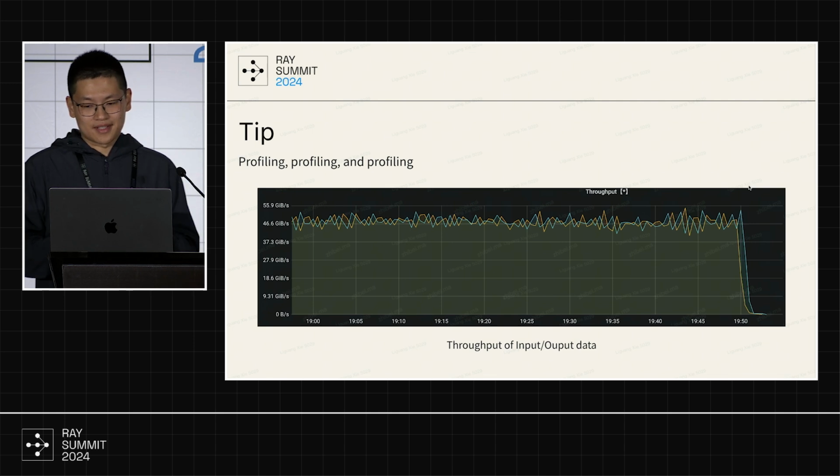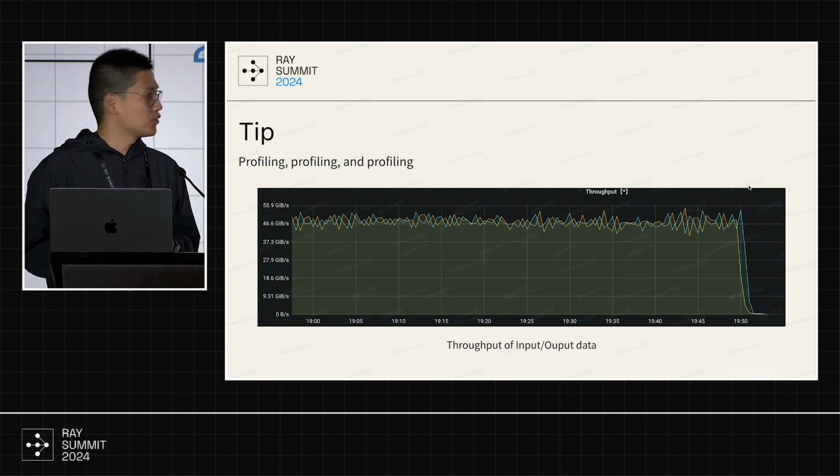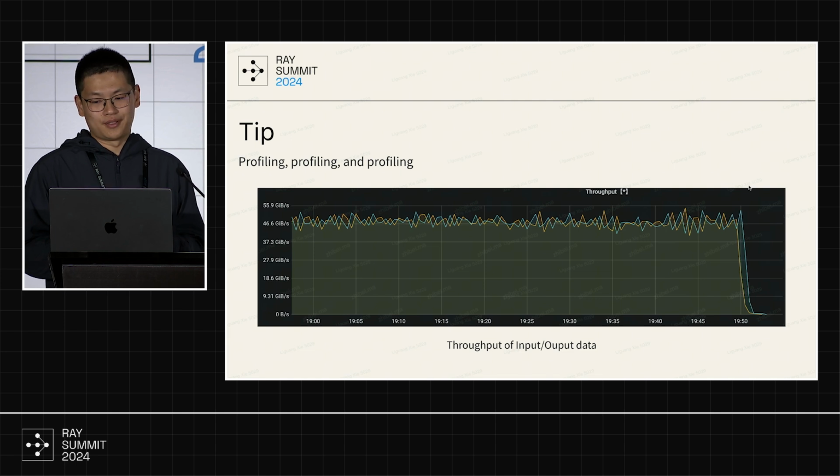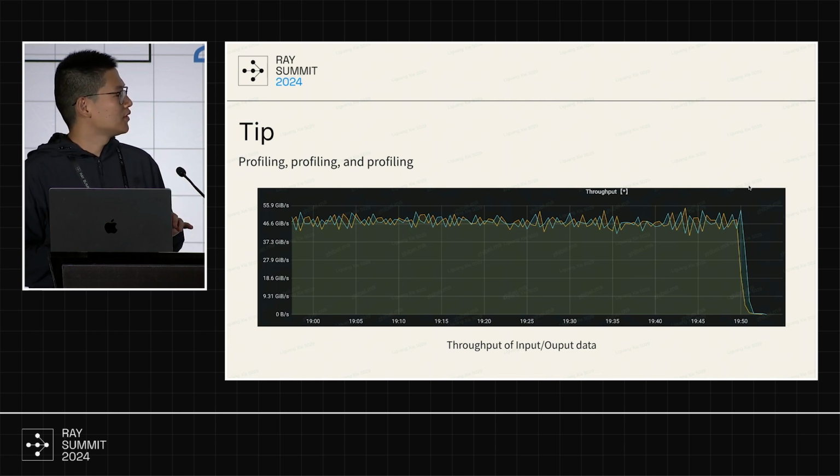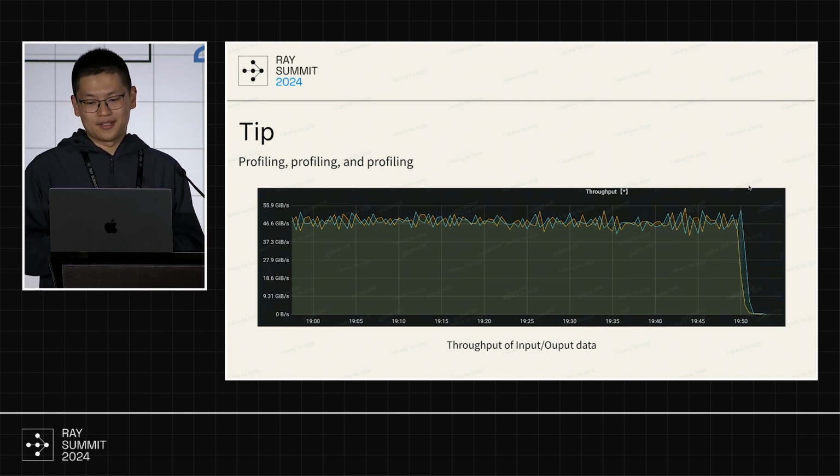In this example, we are using a Grafana dashboard to monitor the throughput of our input and output data. By monitoring this dashboard, we can easily know how the system is operating and avoid lots of issues, for example, out-of-memory issues, disk spill issues, or even disk failure issues. That's pretty much for my part.